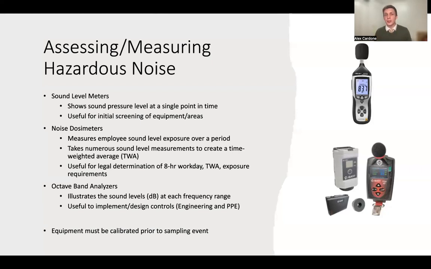And it's always important, as that very last point, that you should always calibrate all of your equipment regularly. That way you know that the sound level measurements are true so that you're getting accurate readings.